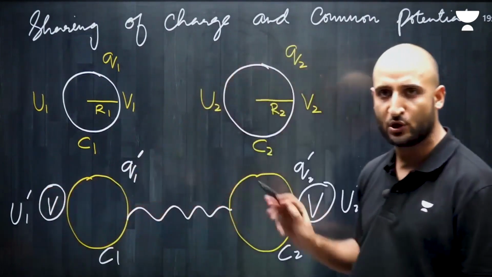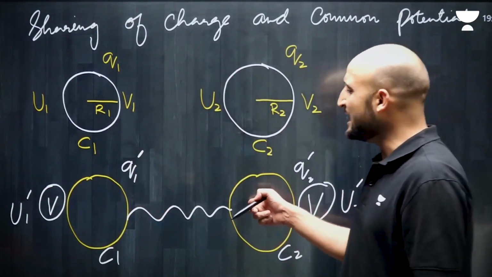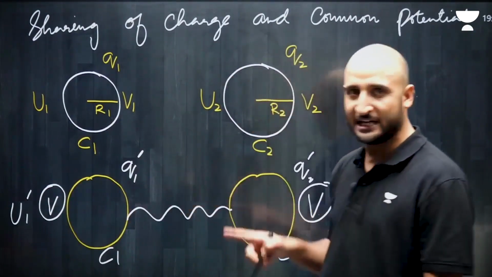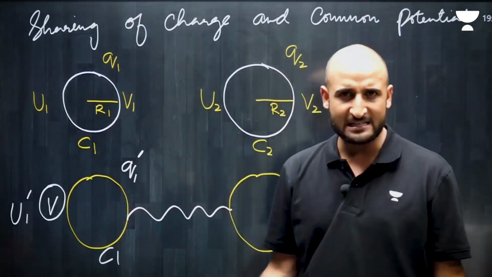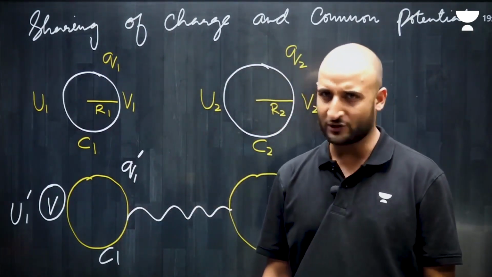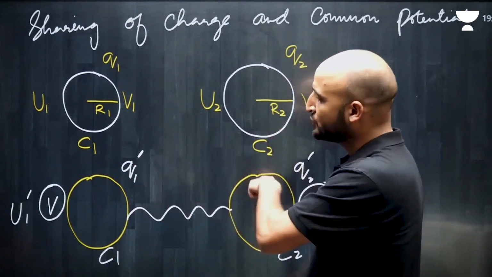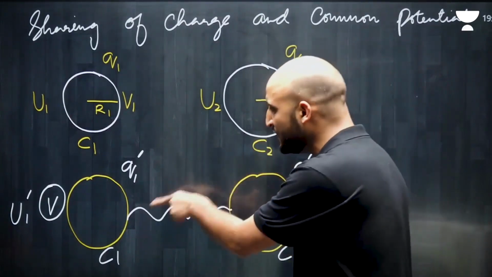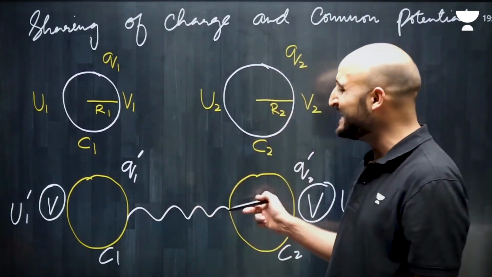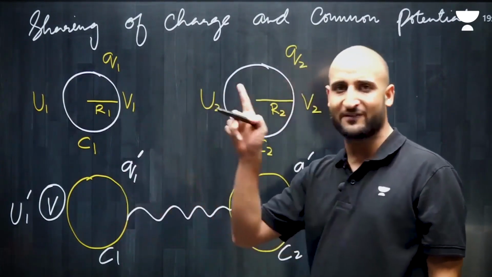Let's say that's equal to V. And number 3: when there is a charge flow through the connecting wire, when there is a current through it, it's very obvious that heat will be dissipated. So there are actually 3 questions. Number 1, what will be the final charge on the two conductors? Number 2, what will be the common potential? And number 3, what will be the heat dissipated when there is a flow of charge, a current through this wire?